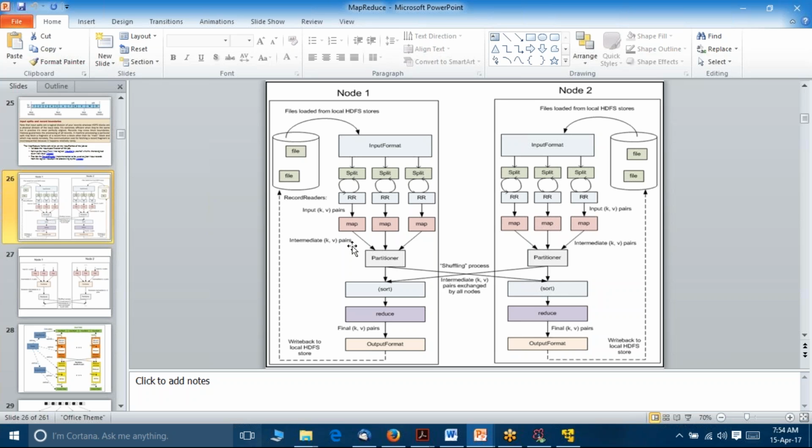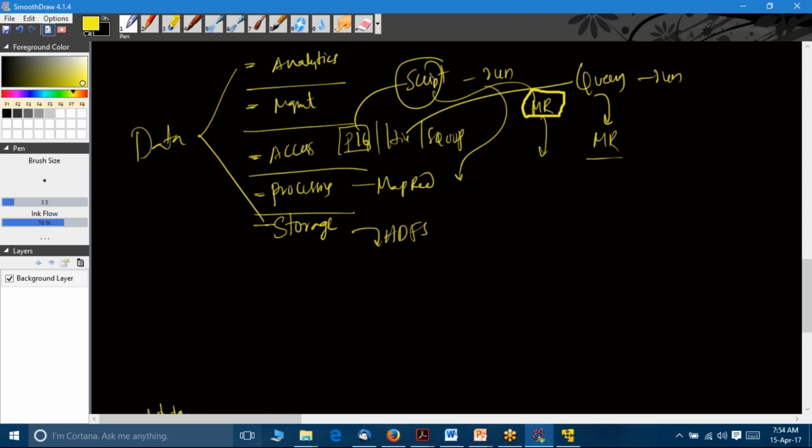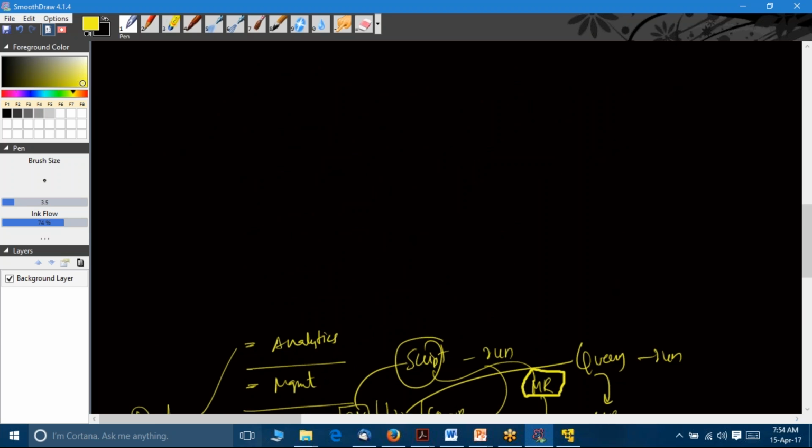So your block is going to be processed by one mapper. Suppose for any given file, this is a very important point and very important thing that needs to be understood by you, friends. Suppose you want to process a file called abc.txt and this size is 1 GB. And 1 GB is uniformly divided into how many blocks?